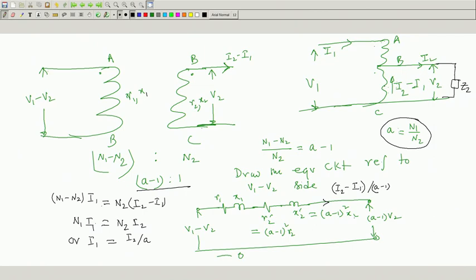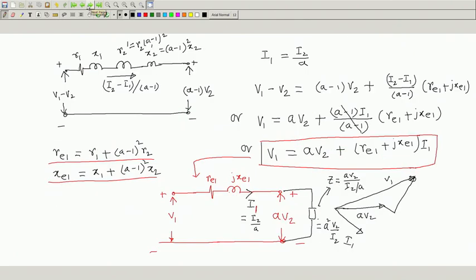Mind you, these two isolated currents are I2 minus I1 and I1. They must balance the MMF. The rules of two winding transformer follow, but I2 minus I1 is not your load current. That is why that complication comes in.